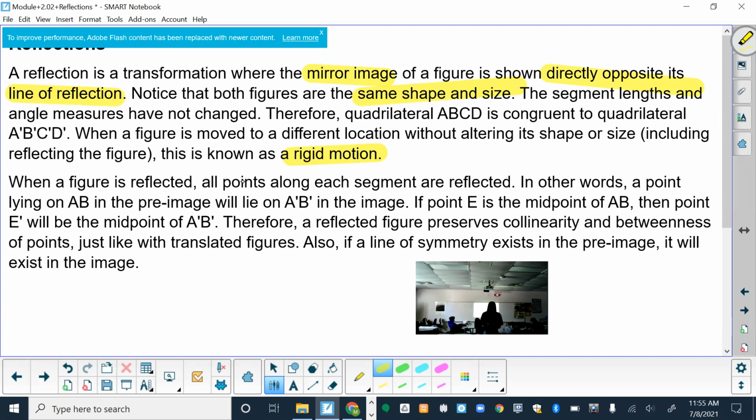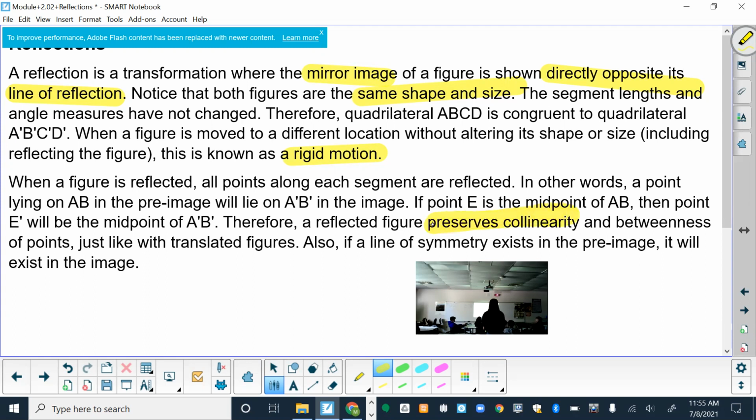When a figure is reflected, all points along each segment are reflected. So if there is a point that lies in between A and B, it'll still lie between A and B in the reflected image. All right, so it keeps, or preserves, collinearity. That's the important one.